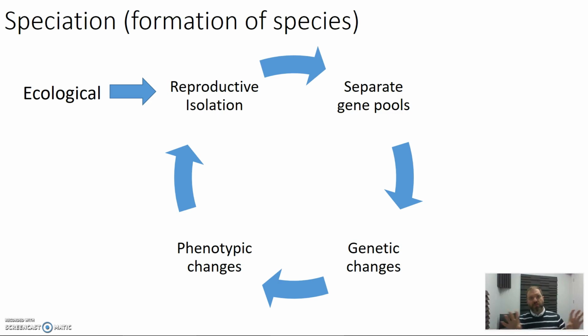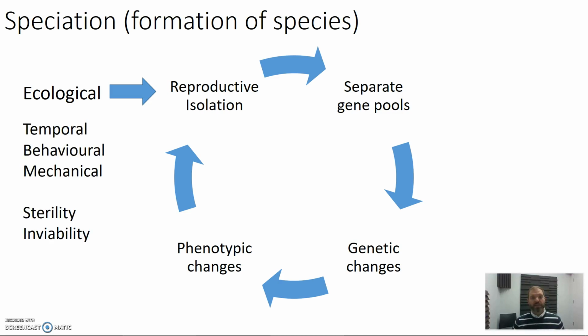Over time, these two populations in the different locations will have separate gene pools, and they might experience some genetic changes, which lead to some phenotypic changes, so that their behaviours or their look or their sound or their reproductive parts do not match up anymore, which leads to further reproductive isolation.